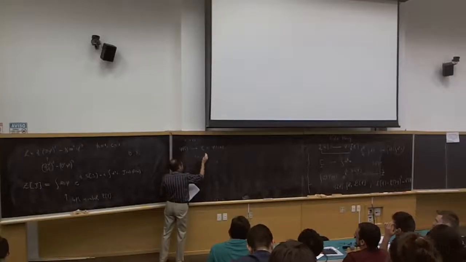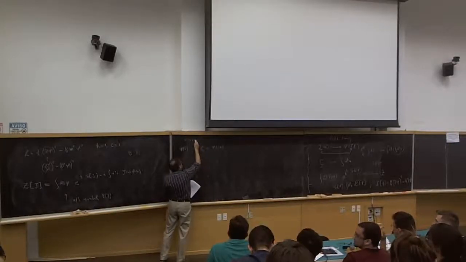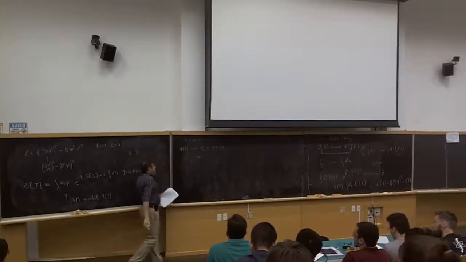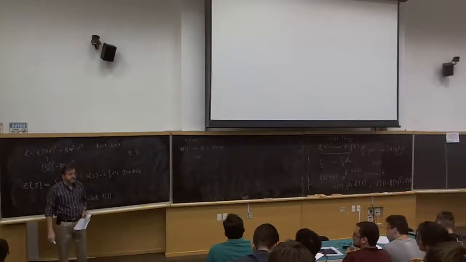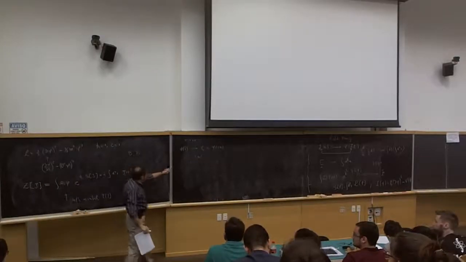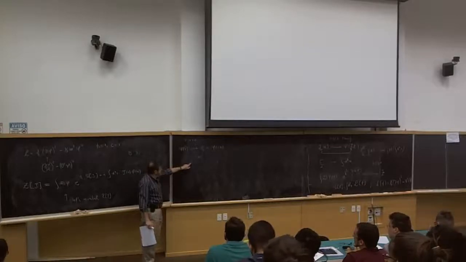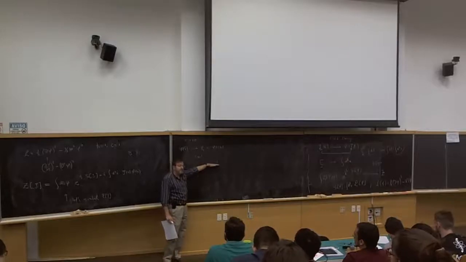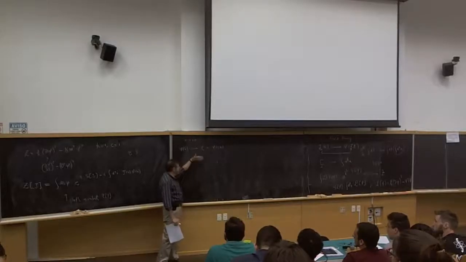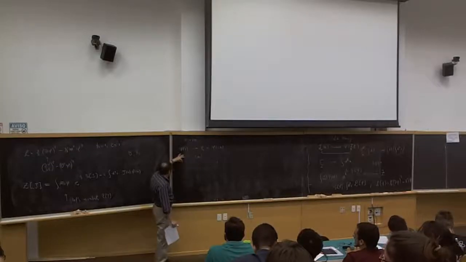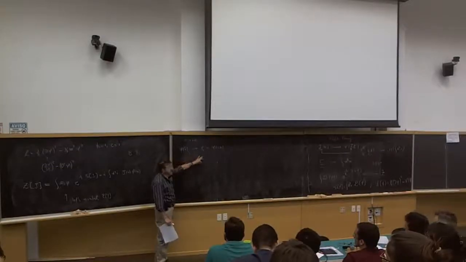Okay? Doesn't matter. So the field now is defined only here, here, here, here. Before, I had discretized time. Now I have discretized time and space. So the field will be defined only here, here, here, here, and here.